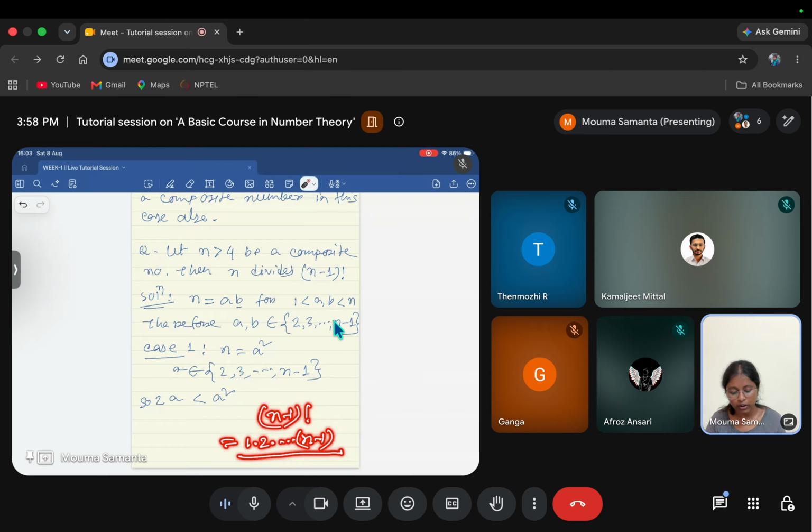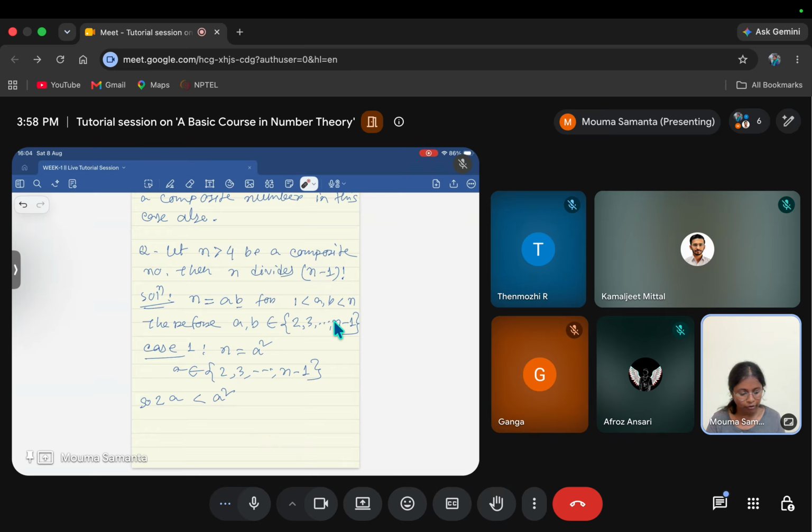Therefore a will always divide n minus 1 factorial. What I want to show is that this product 1, 2 up to n minus 1 will have more than one copy of a. A is already there, so there is no doubt that a divides n minus 1 factorial. But we need to show that not only a but a square also divides this factorial.